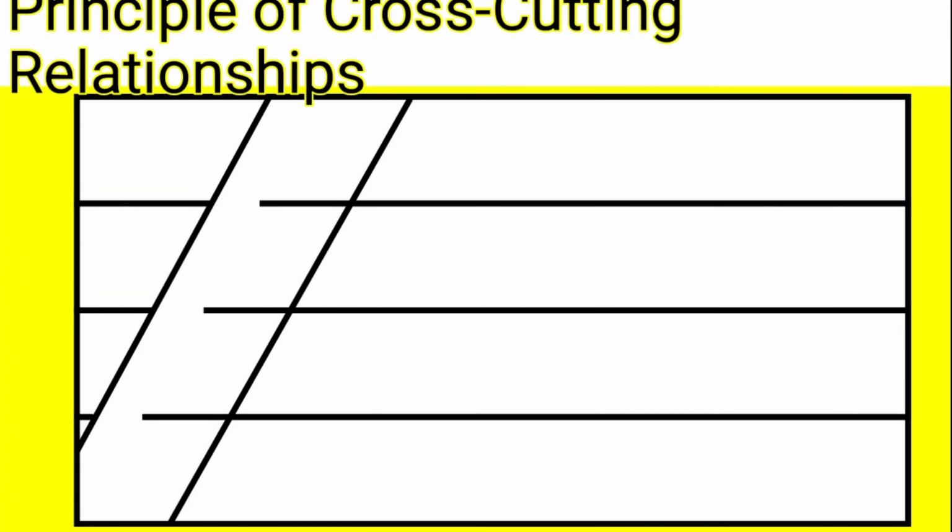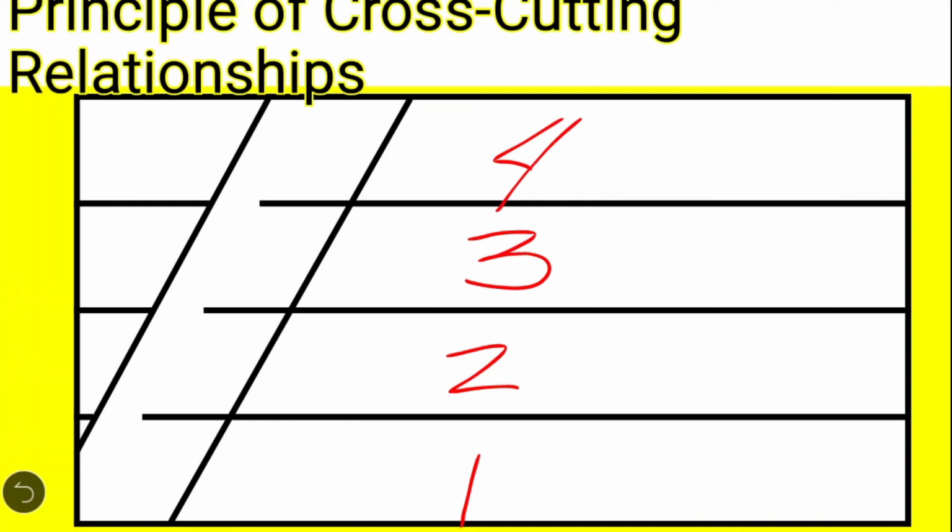So if we were able to arrange in number the chronological order of the different layers, first we're going to follow the principle of original horizontality, 1 as the oldest. So we have 1 followed by 2, 3 followed by 4, and the one that cut the layer is definitely the youngest.